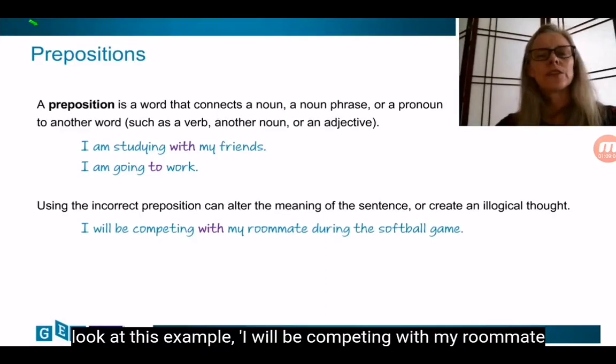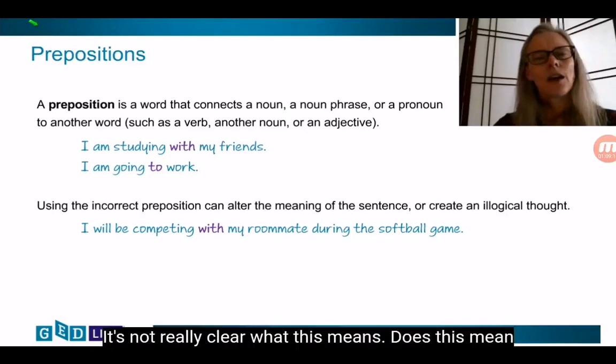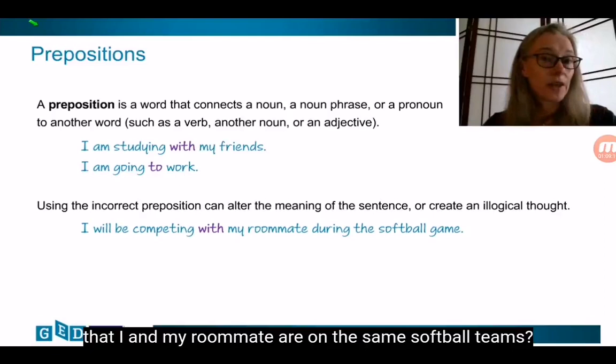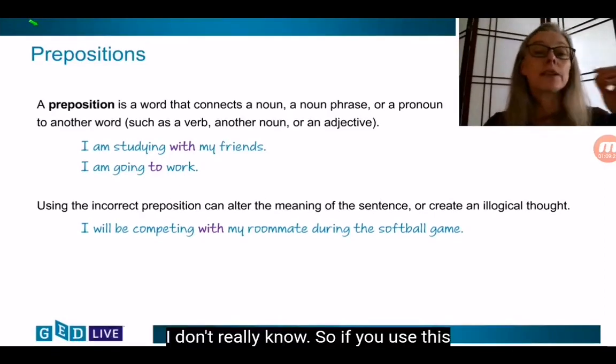So let's look at this example. I will be competing with my roommate during the softball game. It's not really clear what this means. Does this mean that I and my roommate are on the same softball team, so we will be competing together against somebody else? I don't really know.